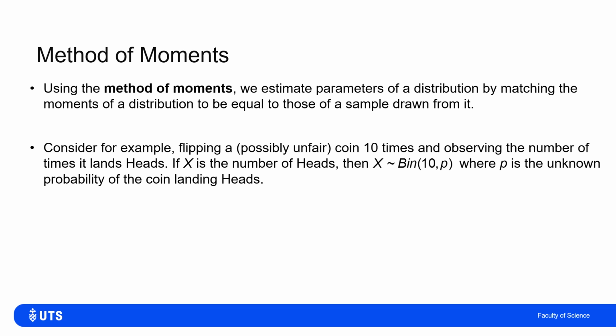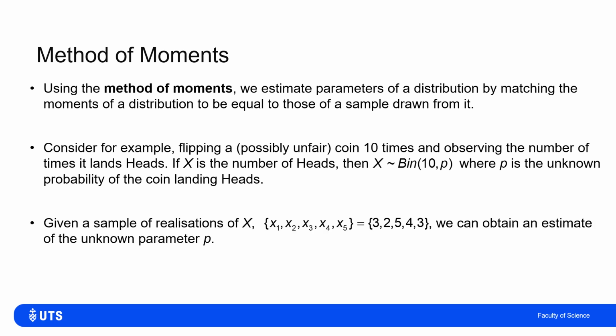We just know it lands heads with probability P, and P is a parameter that we don't know. Under that assumption, the number of heads, if we call that X, is a binomial variable where the number of trials n equals 10 and the probability parameter P is not known.